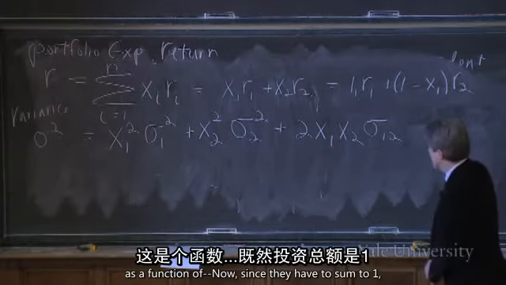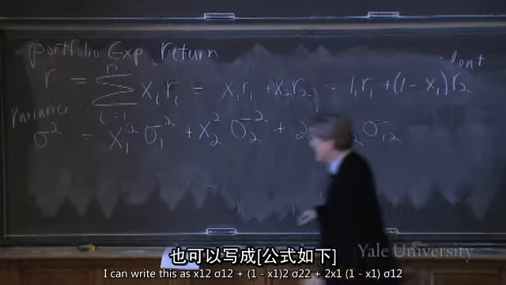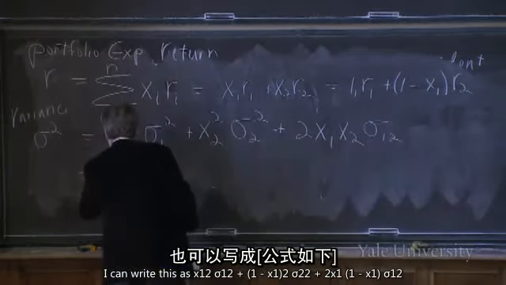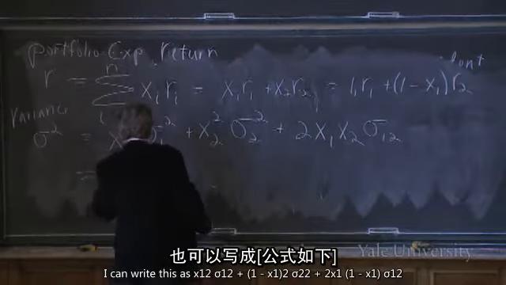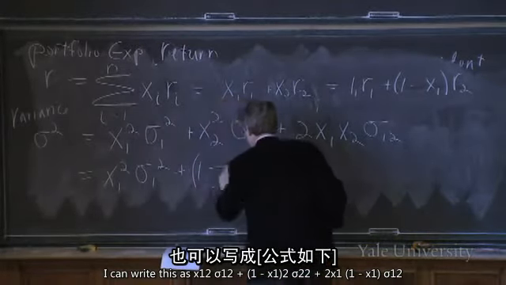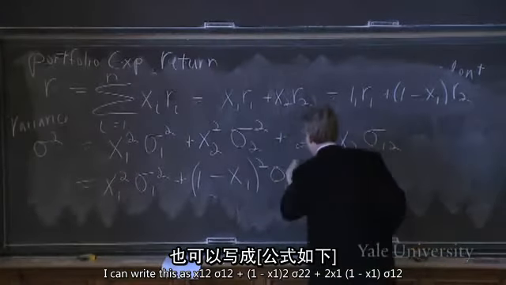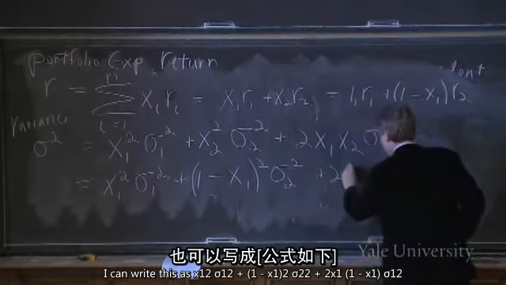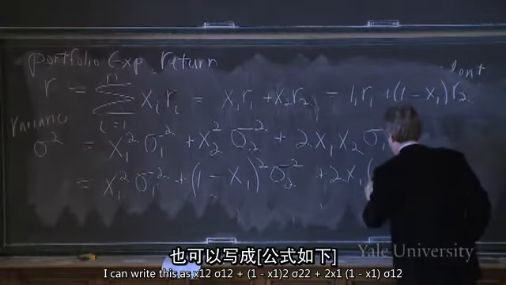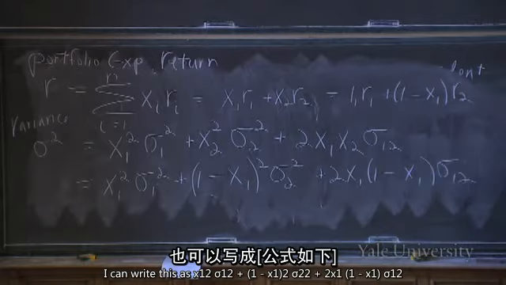Now, since they have to sum to 1, I can write this as x1 squared sigma 1 squared plus (1 minus x1) squared sigma 2 squared plus 2 x1 (1 minus x1) sigma 12.